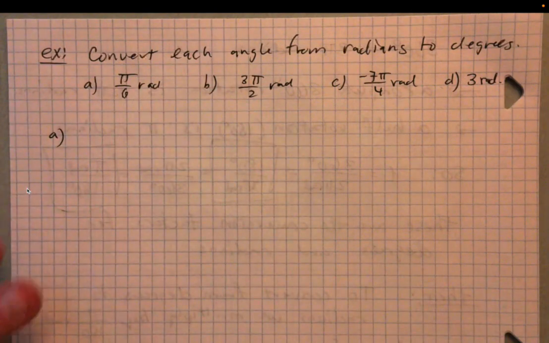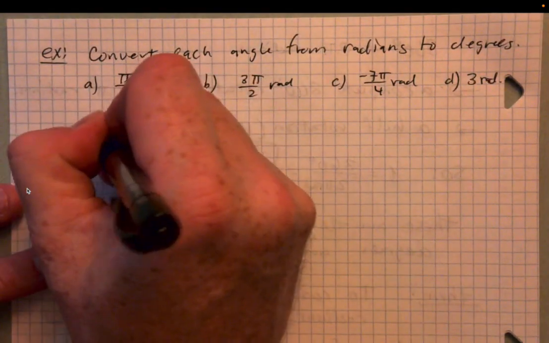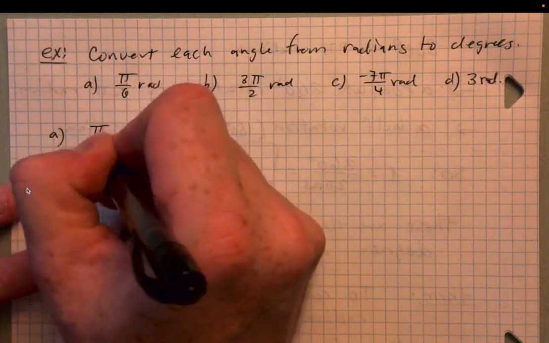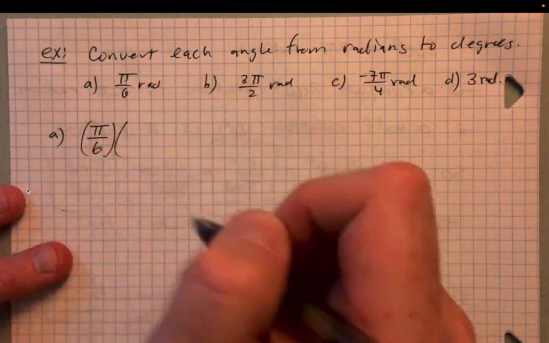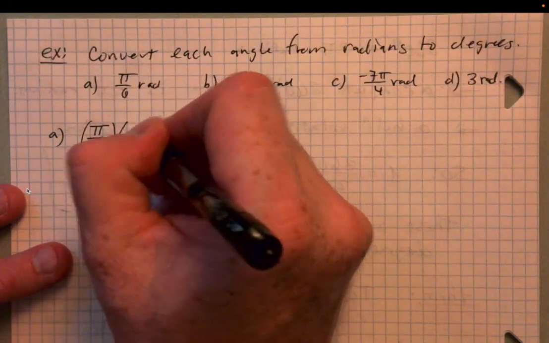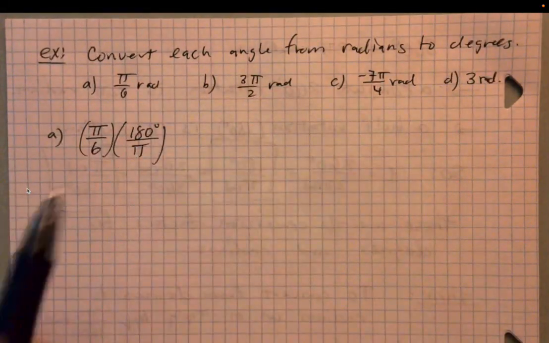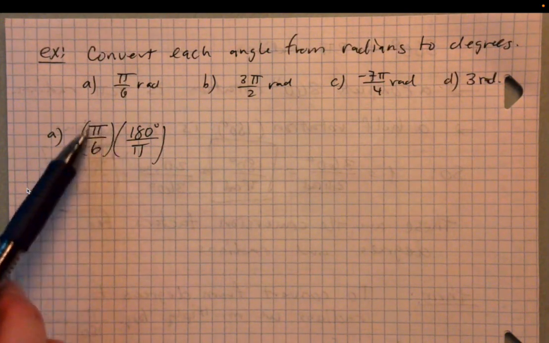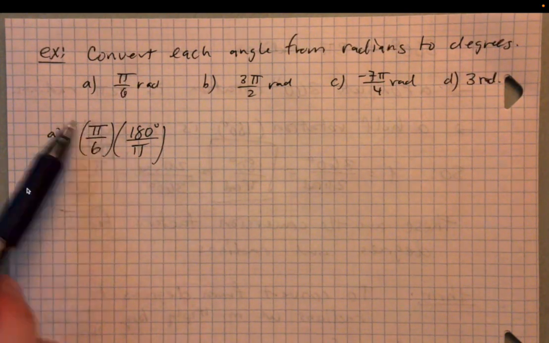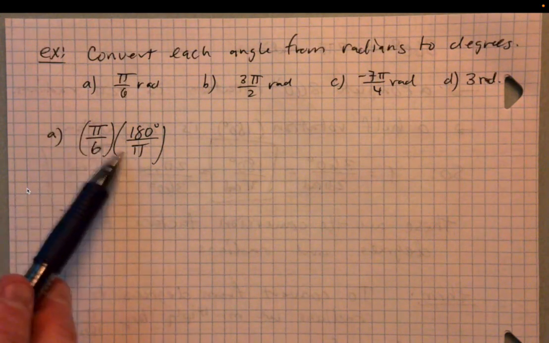Let's see how these all work out. So for part A, we want to convert pi over 6 radians to degrees. So we would take our radian measure, pi over 6, and multiply it by 180 degrees over pi. An easy way to think of this is that if you're given an angle in radians, you basically want to end up canceling out the pi if you can.